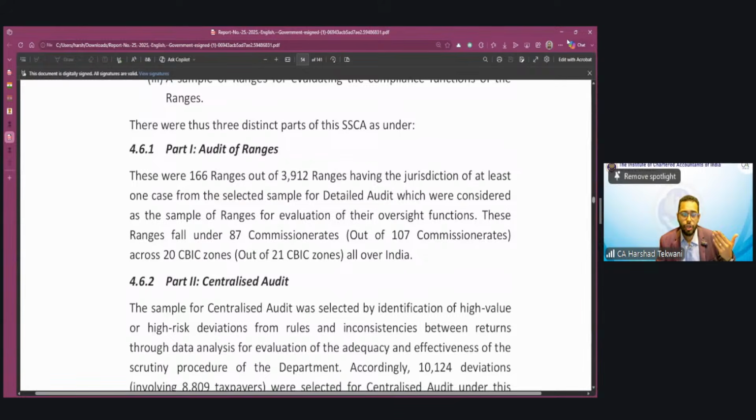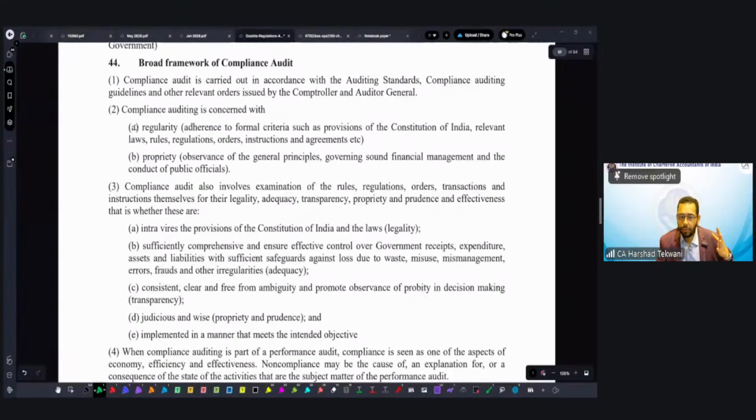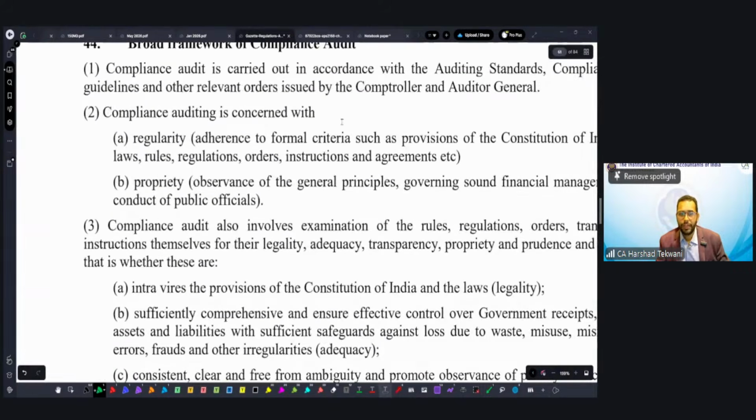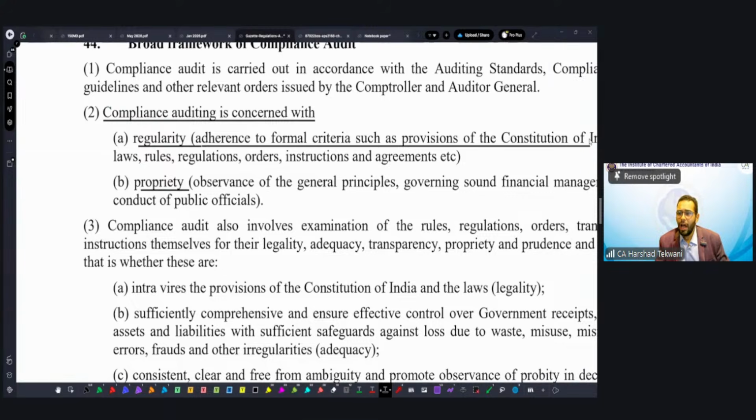When I talk about compliance audit, it is basically concerned with two things: regularity and propriety. Regularity is adherence to the formal criteria or the provisions of the constitution, law or regulation.